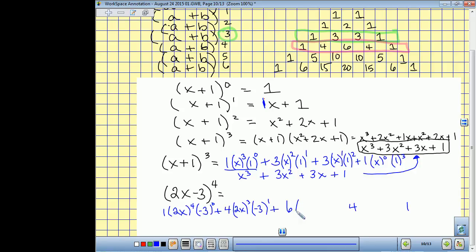The 2x is now raised to what power? The 2nd. And the negative 3 is also raised to the 2nd. The 2 plus 2 makes 4. And then we move on down. The 2x is raised to the 1st, and the negative 3 is raised to the 3rd. The 2x is raised to the 0 power, and the negative 3 is raised to the 4th.